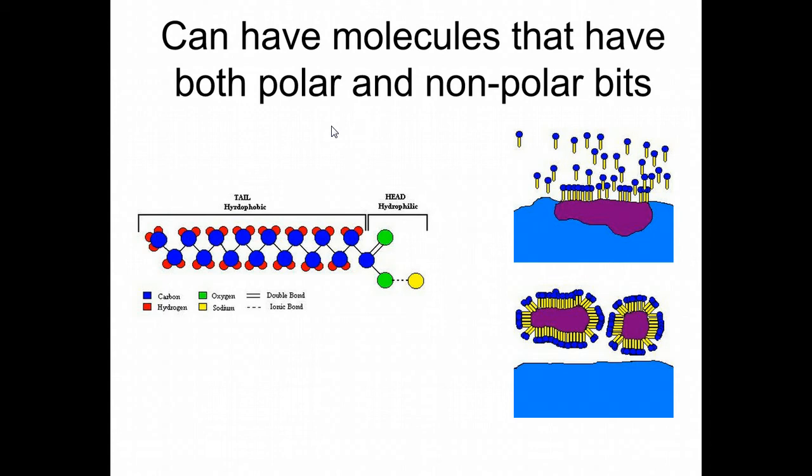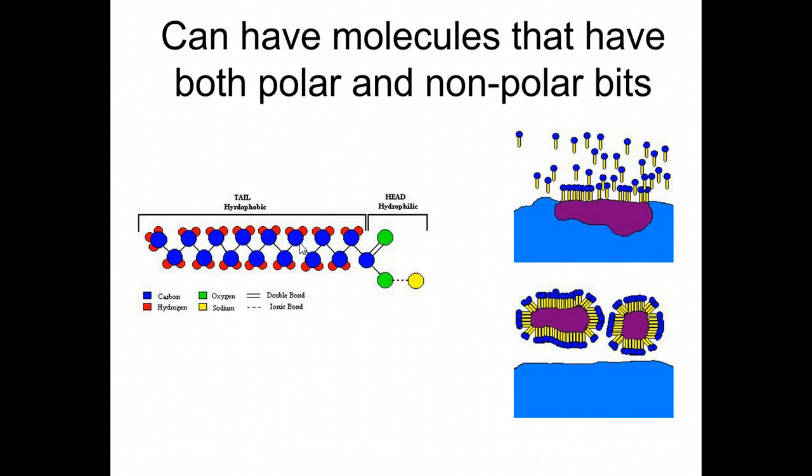and again. And if we look at this cartoon, on the left we have a typical generic membrane or lipid molecule. You have a chain of carbons. So is that chain of carbons polar or nonpolar?